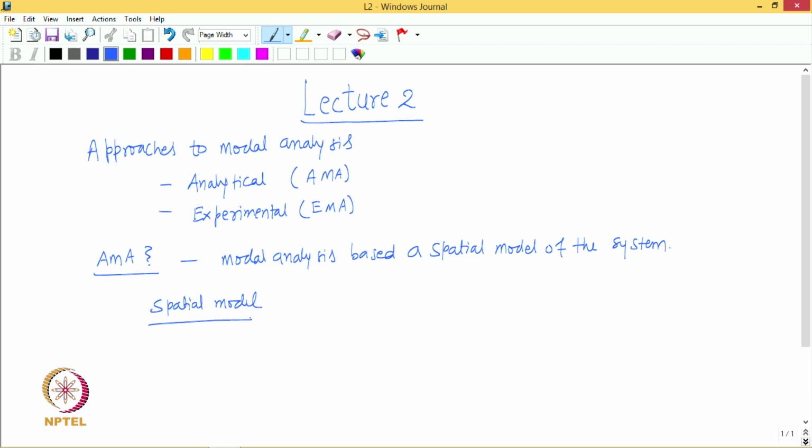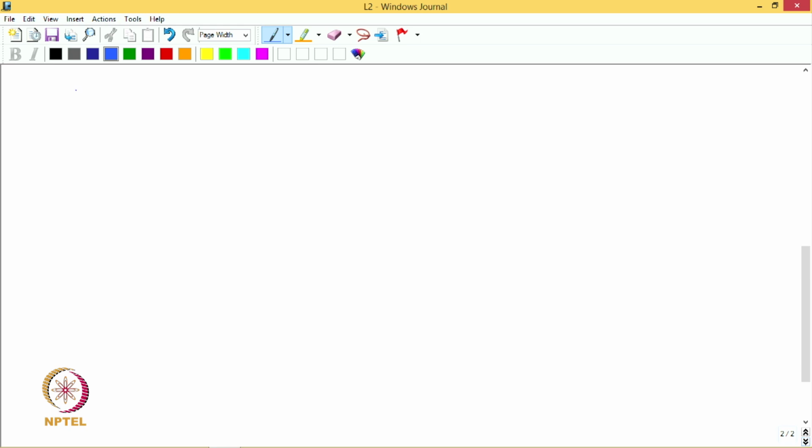Spatial model is the description of a vibratory system in terms of mass, stiffness and damping matrices. Okay. So, it is a description of a system in terms of mass, stiffness and damping matrices, that is basically the spatial model.